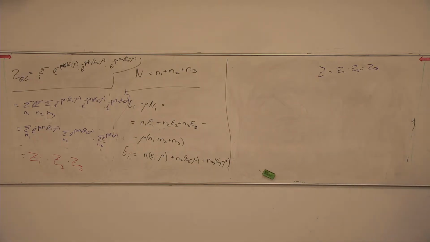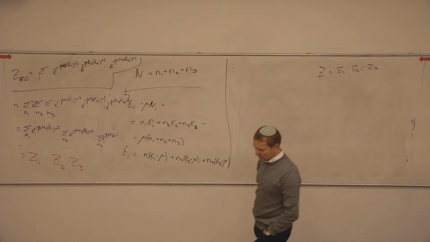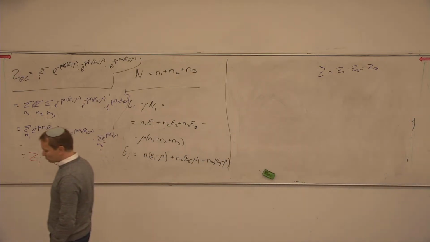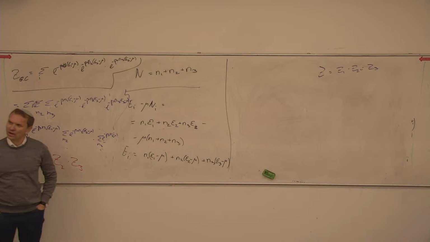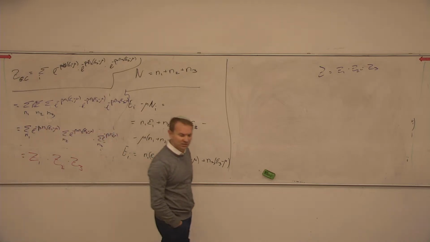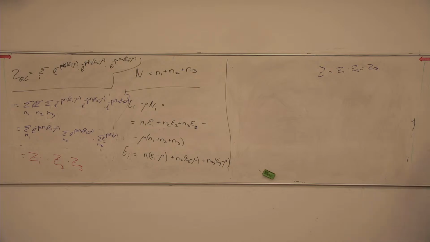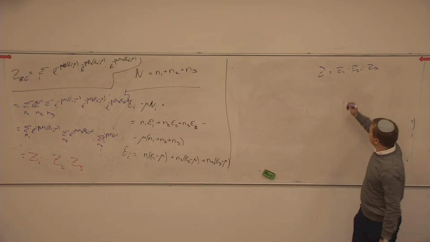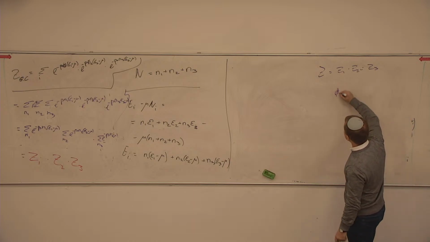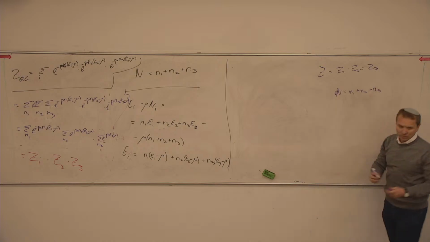What would happen if I now add the degeneracy, that all the different particles are not restricted to just spin plus 1/2, they also can have a spin minus 1/2? What happens when I introduce this degeneracy? Well, I can now separate n into n1, n2, plus n3.